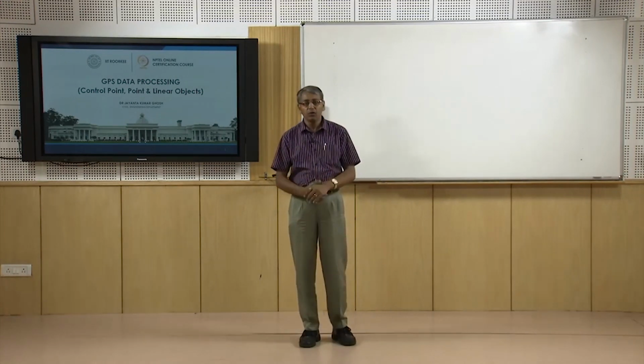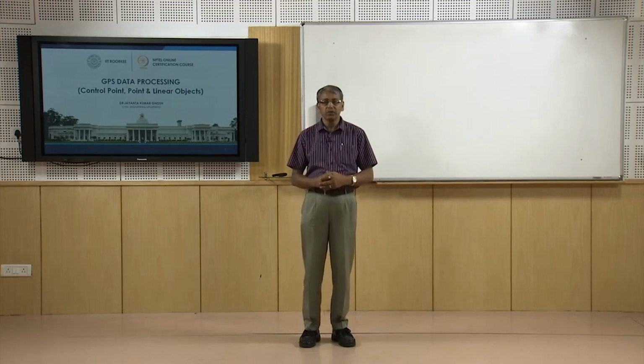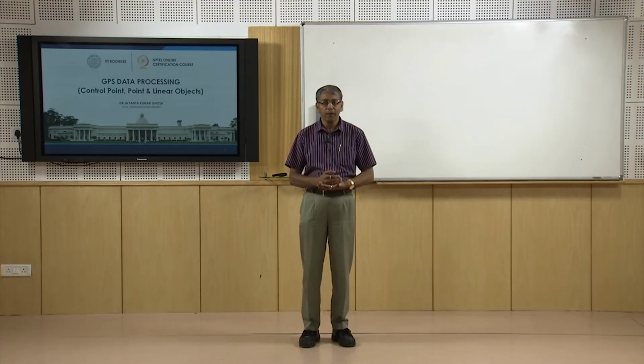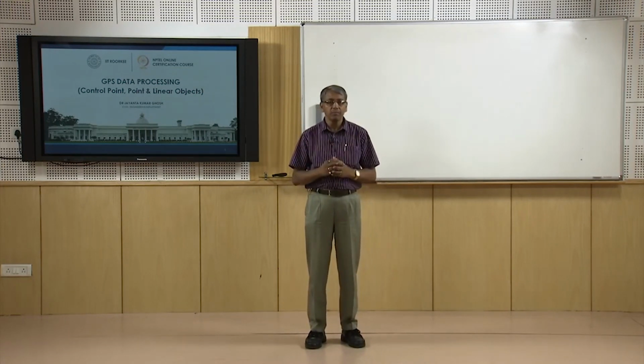As I have already told you, for control point establishment we have to take one reference station to be placed on the control point. We have to take the data on that point, and that data will be processed with respect to some stations spread all over the world. For point objects, we had collected the data by using the stop and go method.